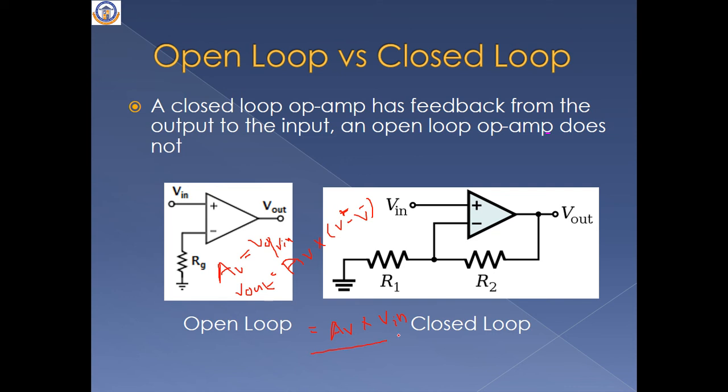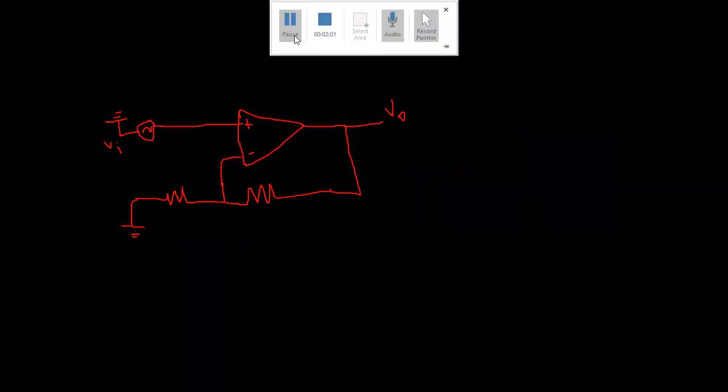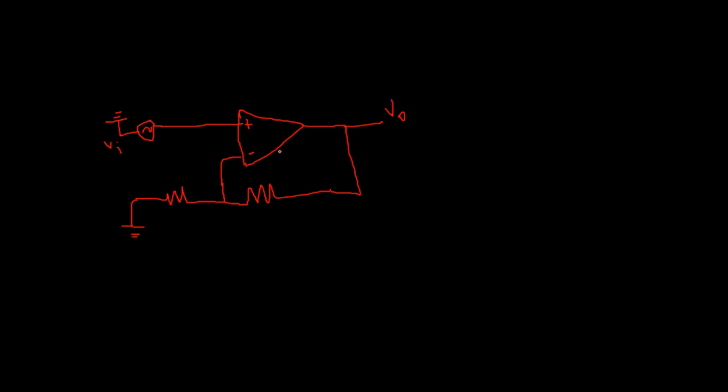And let's see the closed loop non-inverting operational amplifier. This is a non-inverting operational amplifier closed loop, and this is resistor R1, this is resistor RF, the feedback resistor, and this is input voltage Vi.